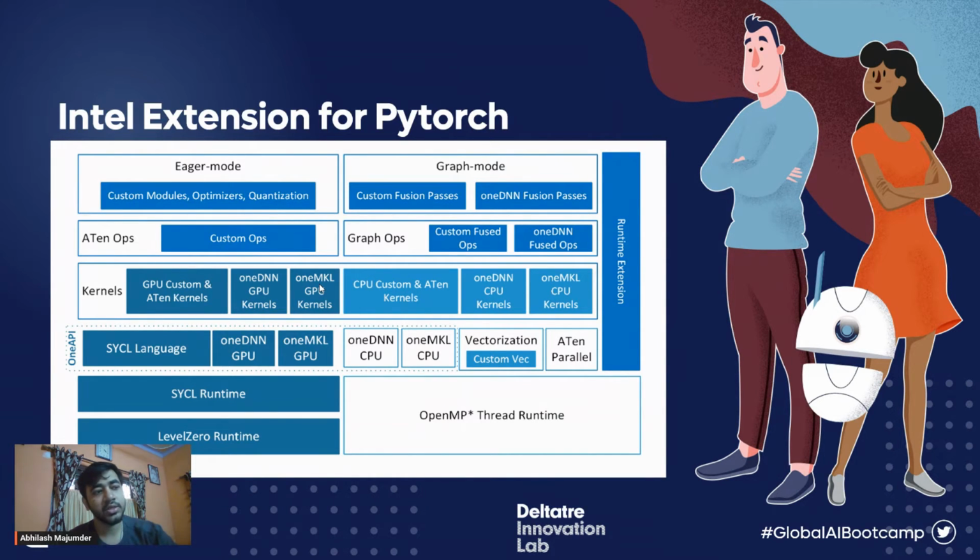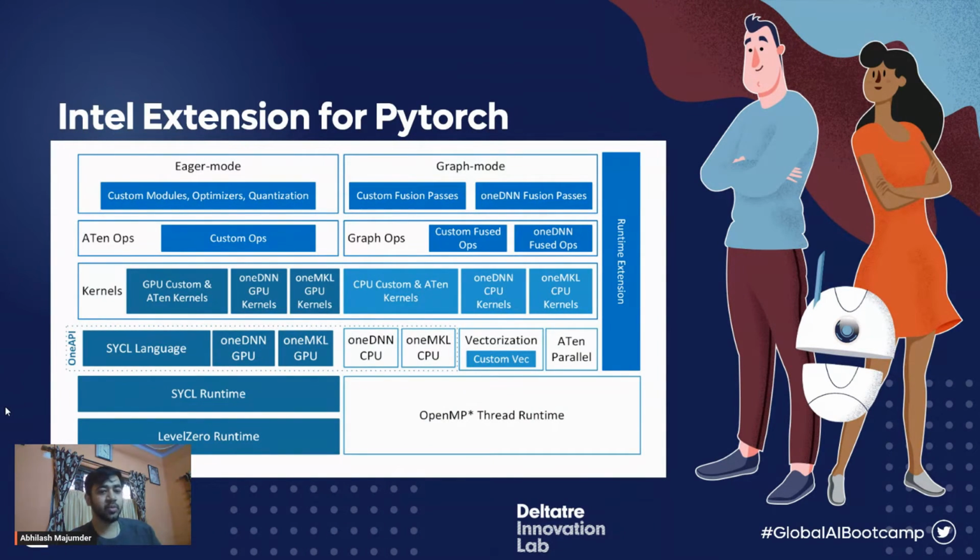Everywhere you have MKL support, the math kernel library. MKL support is something Intel provides because you are going to first run your compute on your CPU. The math kernel library is optimized for your CPU so that your operations do not bottleneck on your CPU. For your GPU, it becomes XMX or GPU kernels. And the level below this, from oneAPI towards the end, is part of your Level Zero or SYCL runtime.